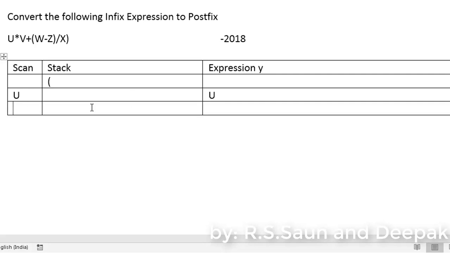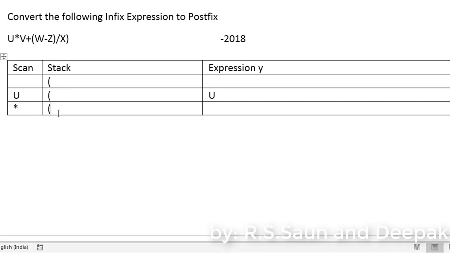Now we are going to use a multiplication, and you have to resume the stack status. So this is already the stack status. Multiplication is an operator, so you have to repeatedly pop all the elements which have higher precedence than multiplication or equal precedence, like multiplication.